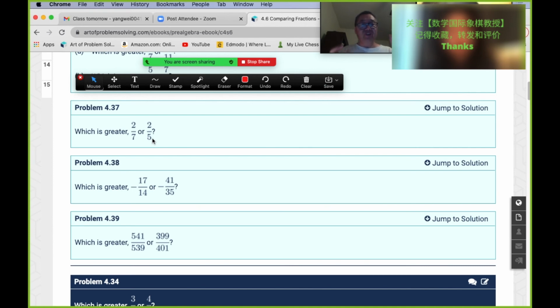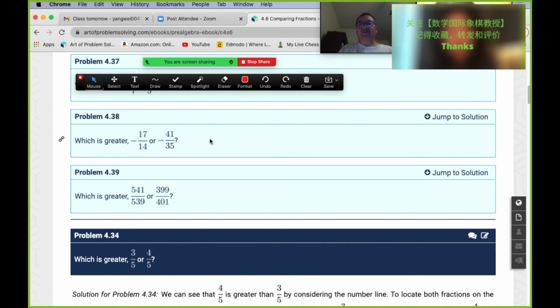Now say numerator is same, right? Then the denominator is smaller, that will be greater. If they're all positive, say they all have the same numerator 2, then denominator, this one's 5, this one's 7, so 2 over 5 is greater than 2 over 7.